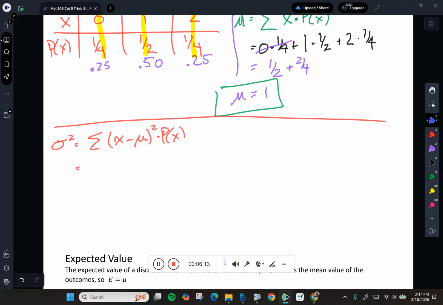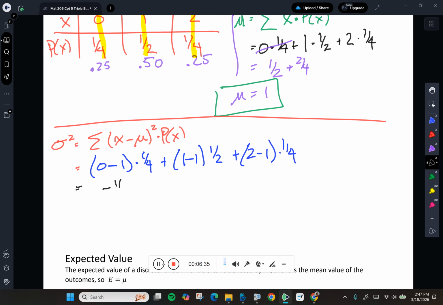All right, so when x is 0, it's going to be 0 minus 1 times 1/4. When x is 1, it's going to be 1 minus 1 times 1/2. When x is 2, it's going to be 2 minus 1 times 1/4. Okay, clean that up a little bit. I've got negative 1/4 from this first bit.